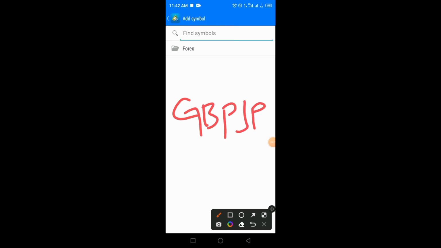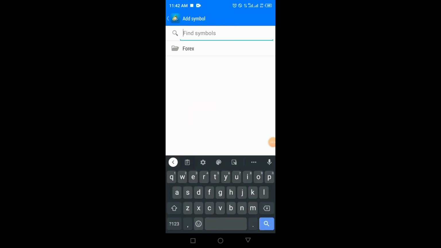GBP JPY is Great Britain pounds versus Japanese yen, which I cannot really find on the quote feature. So if I want to search for it, all I need to do is to search for GBP JPY. You can see that the currency is out.